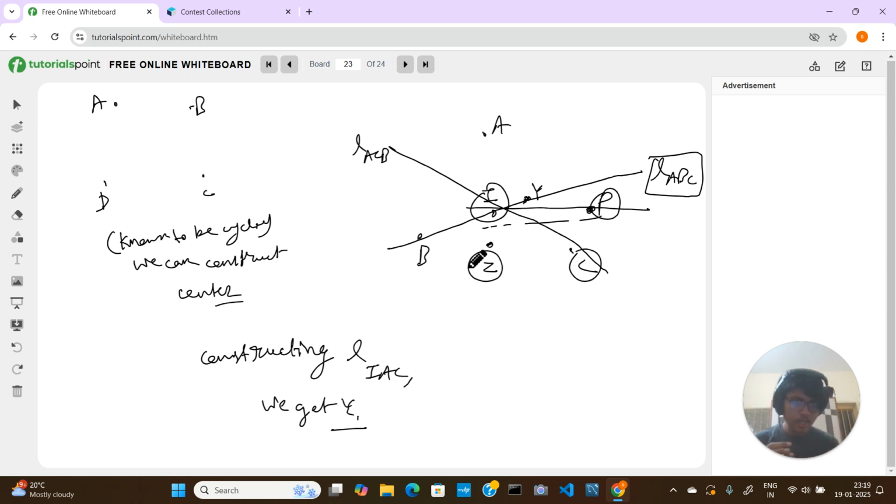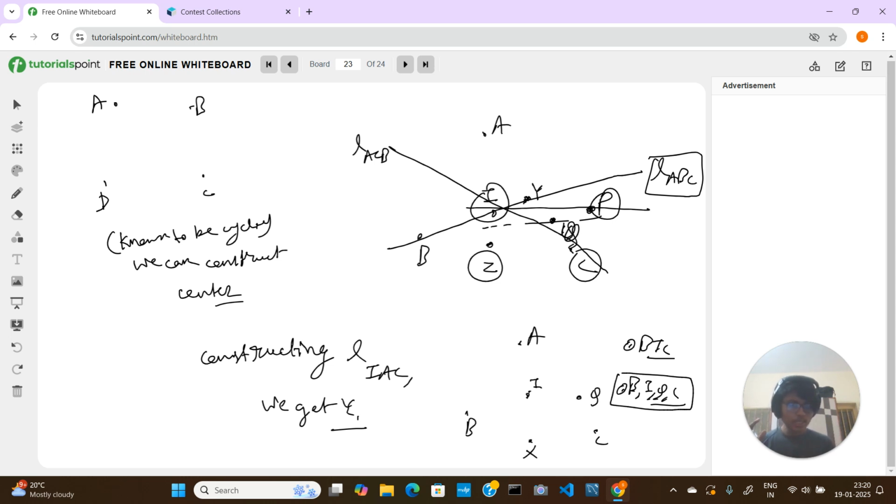So using our main lemma, we can construct the center of I, P, C and Z. Suppose that is Q. Q is the midpoint of arc IC in the circumcircle of triangle BIC, which means B, I, Q and C are cyclic, so we can construct the center of the circumcircle of BIQC. Suppose that is point X, and the center of circle BIQC is the circumcenter of BIC. So we got the point X.